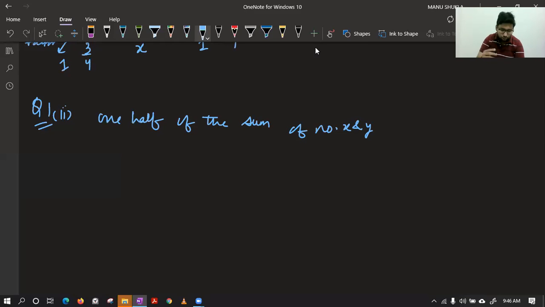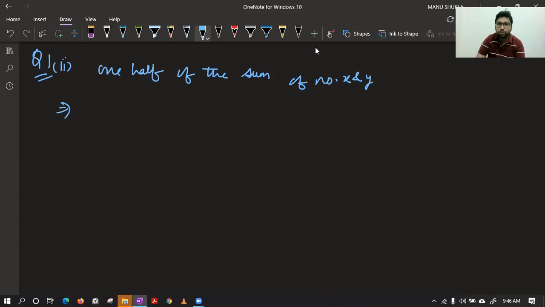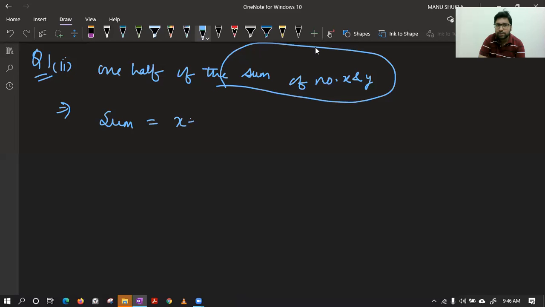I will try to make a solution of this because there are many questions. I think you are having issues, so I will make a solution of this so that it is easy for you to compare. Now, Mokshita, the sum of x and y is given by x plus y. Then they are saying 1/2 of this.